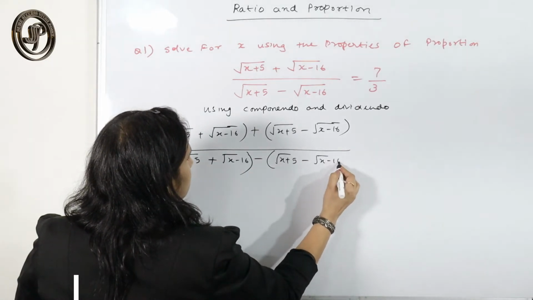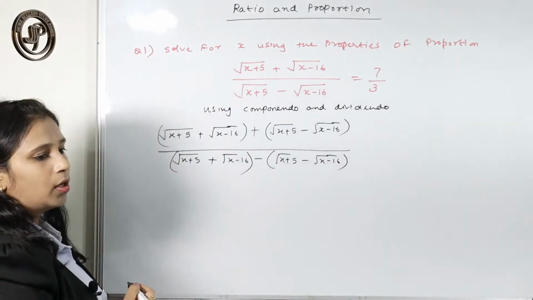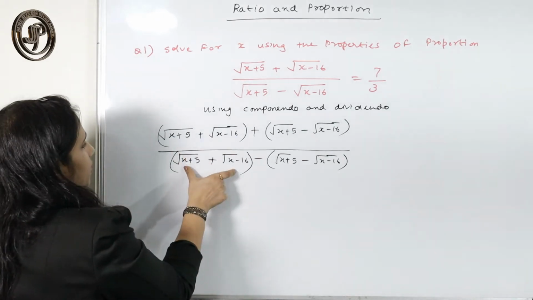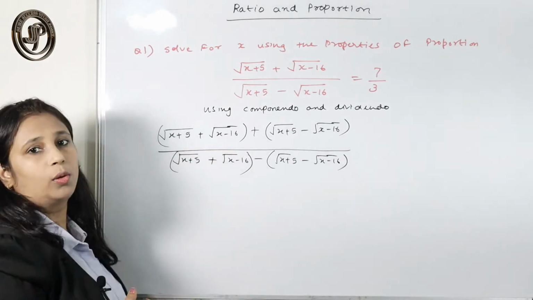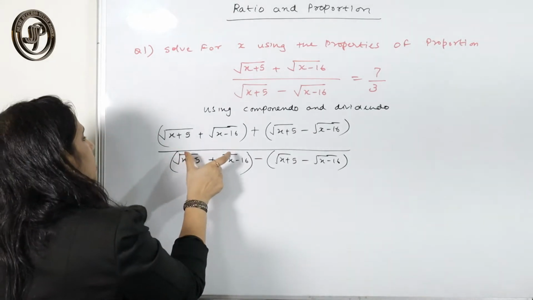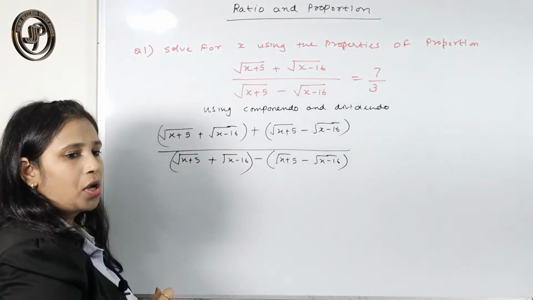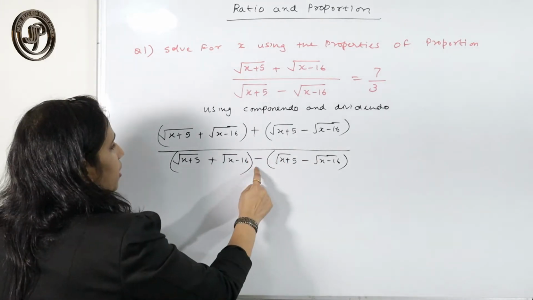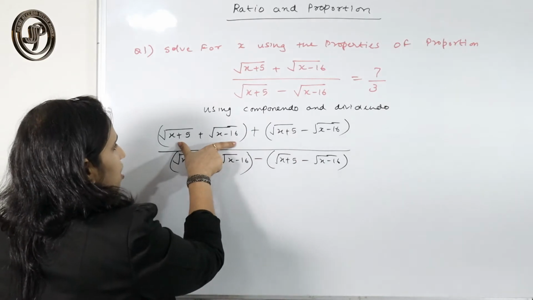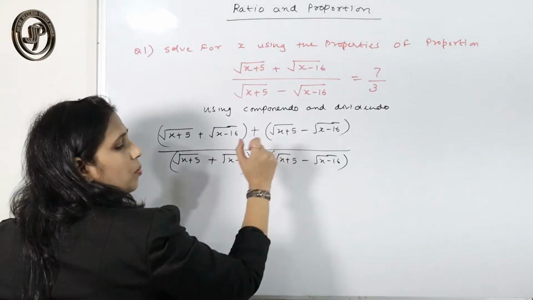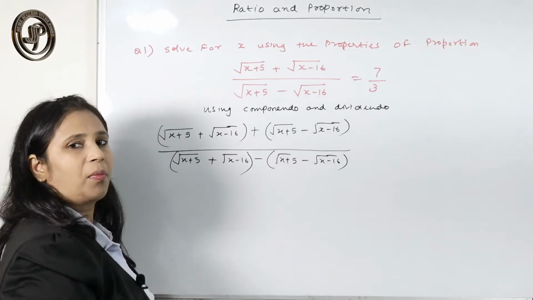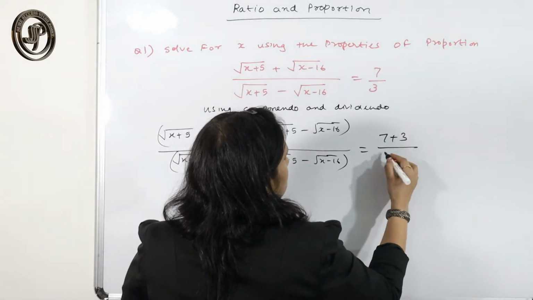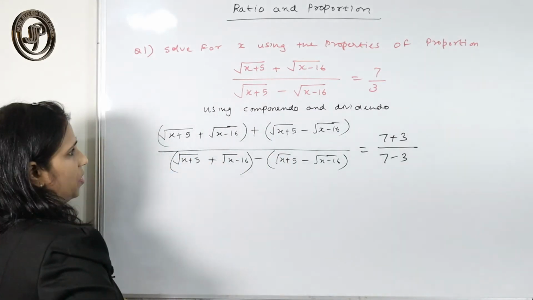After writing this, you can cross-check whether you have made any mistake here. This and this should be the same, with no difference in their signs. And this should be the same. Here plus, here minus. So, numerator plus denominator, numerator minus denominator, that is the main thing here. Here also numerator plus denominator, numerator minus denominator.